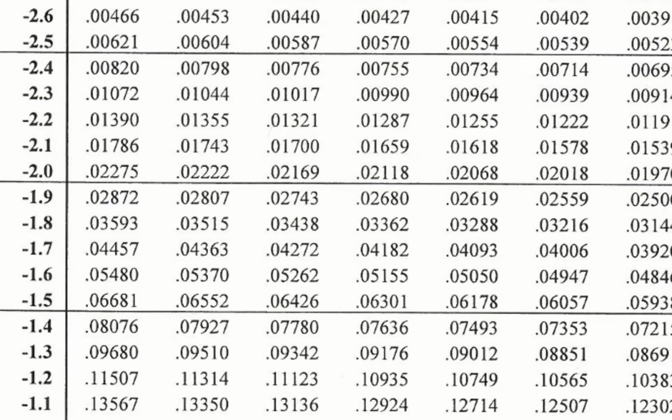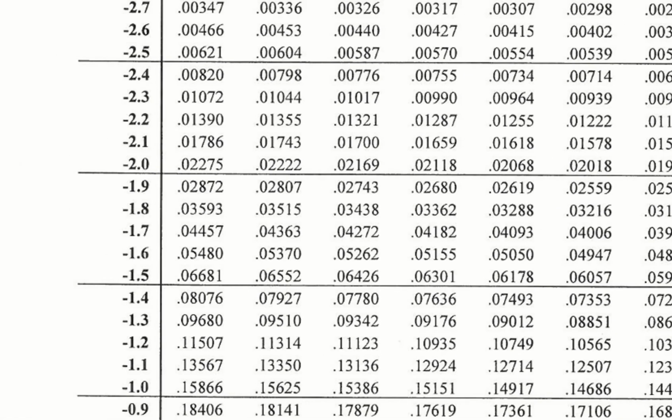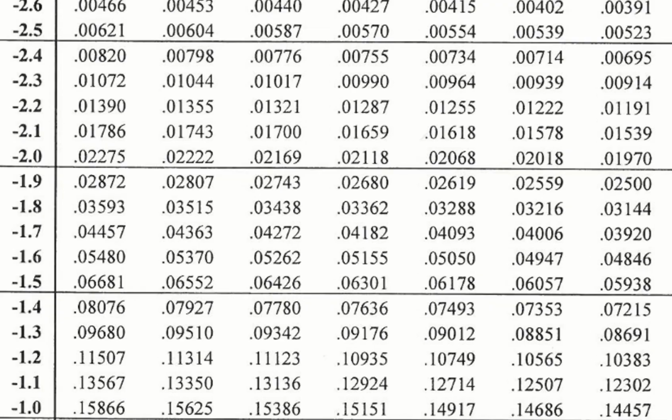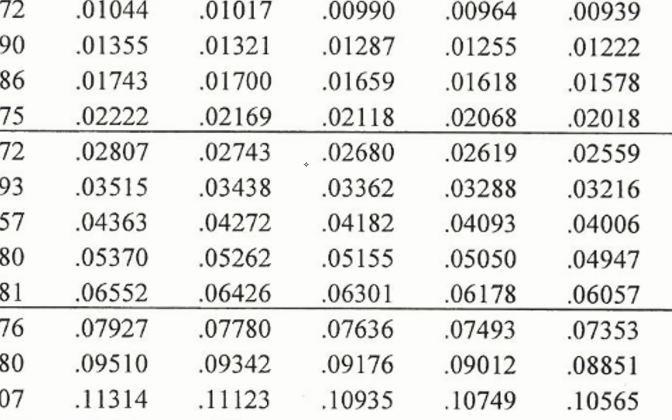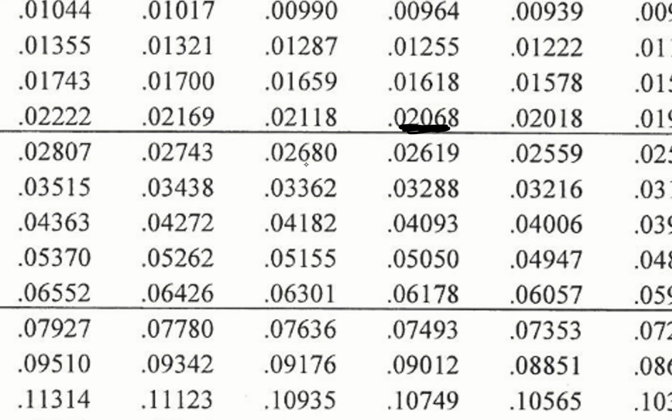So 0.0208. Here's 0.0268, and this one is 0.0202, and this is 0.0207.